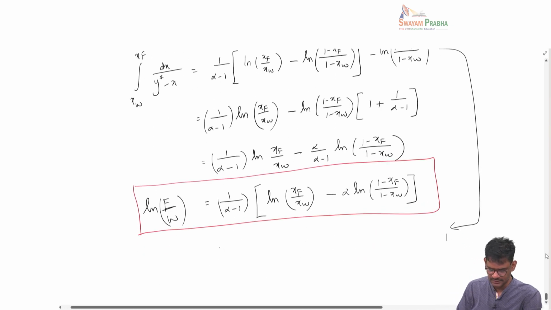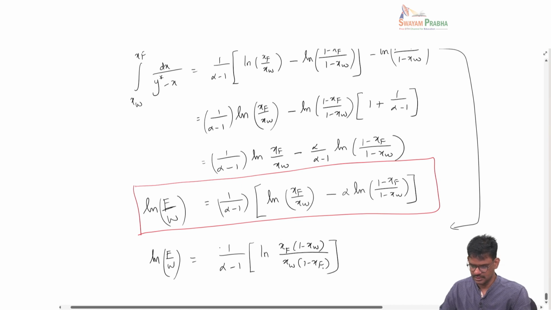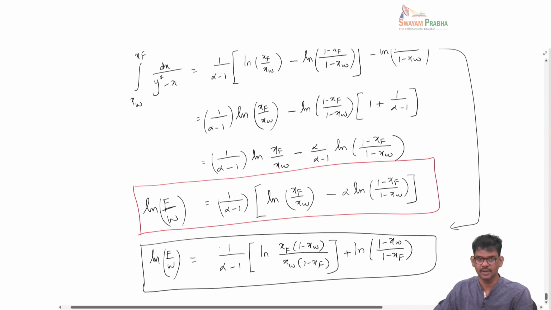So here we have ln of F by W equals 1 by (alpha minus 1) times ln of xF(1 minus xW) by xW(1 minus xF), plus ln of (1 minus xW) by (1 minus xF). So these are basically equivalent forms.